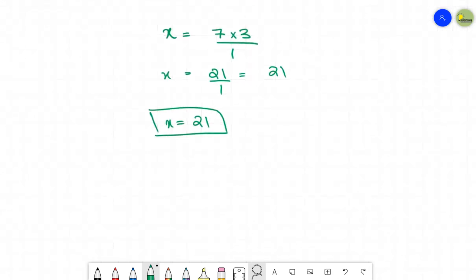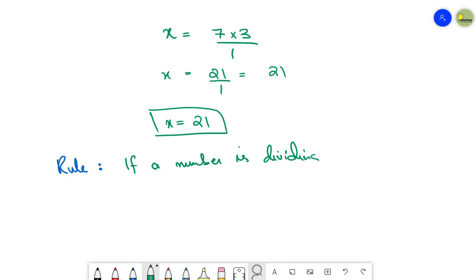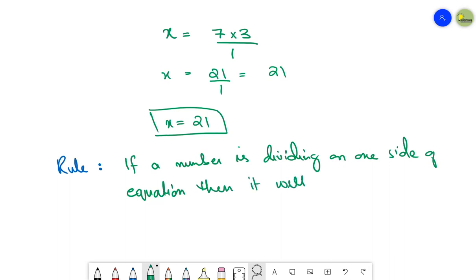So keep in mind here we have used a rule. There is a rule for solving this particular equation. If a number is dividing on one side of the equation, then it will be multiplied on the other side of the equation.